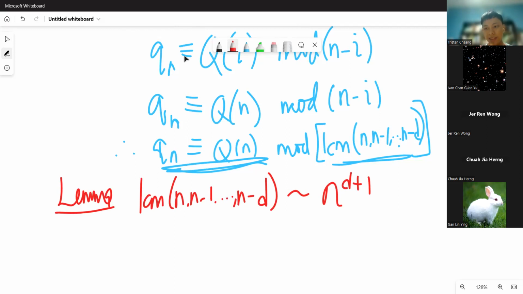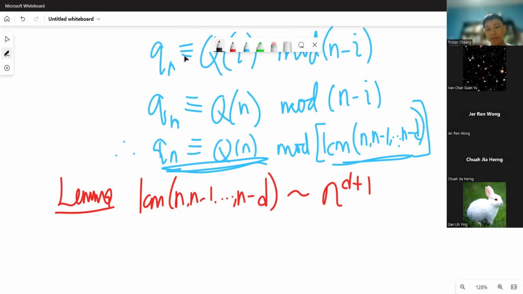But we want to look at the LCM. So what's a nice way of doing that? So the lemma is that this thing is this. Let's see if anyone has any ideas on how to prove this.